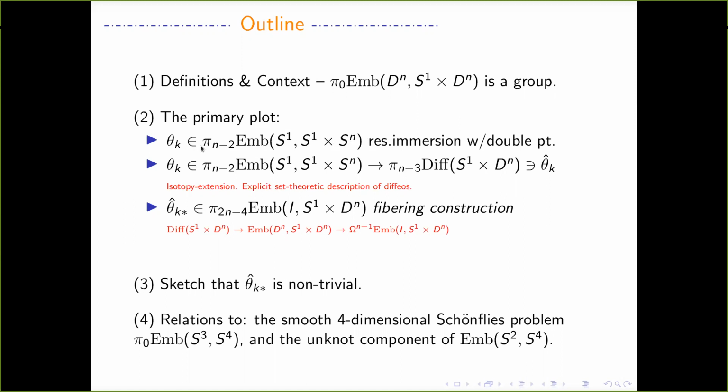This is interesting when n is 3 or larger, and then we use a fibration to turn those elements in the n minus 2 homotopy group of the embedding space into diffeomorphisms with one less parameter, so pi n minus 3 of diffeomorphisms of a circle cross a disk. We're going to call those elements theta k hat.